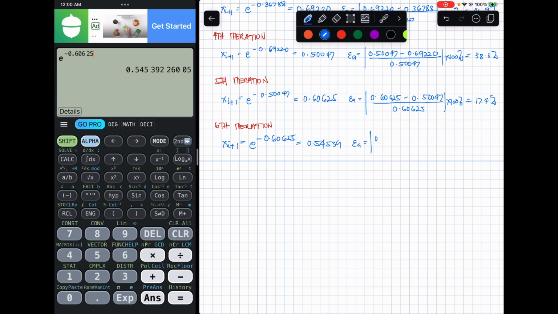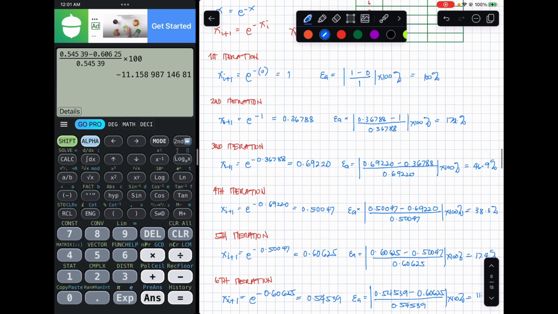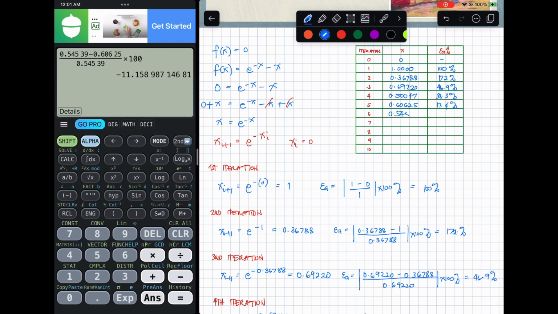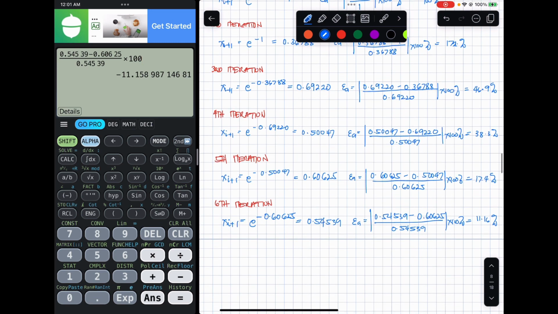Our approximate error: 0.54539 minus 0.60625, over 0.54539, times 100, that will become 11.16, or just 11.2.